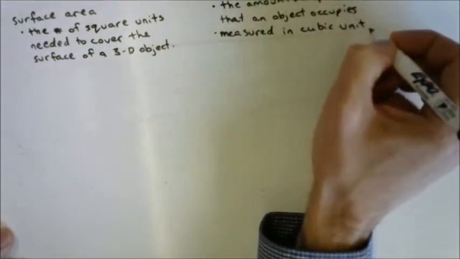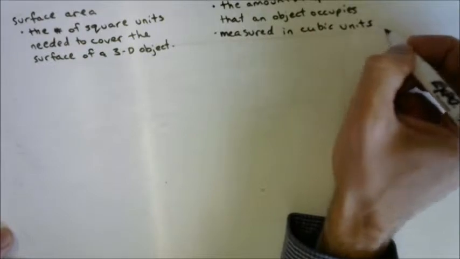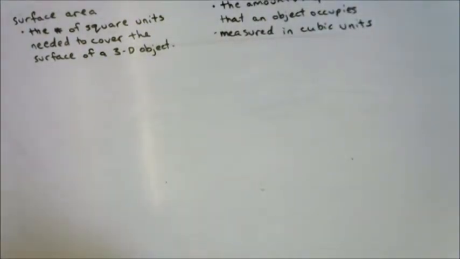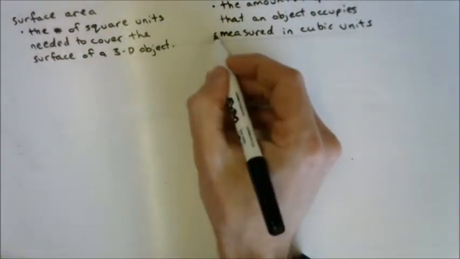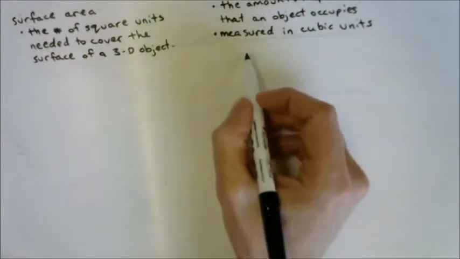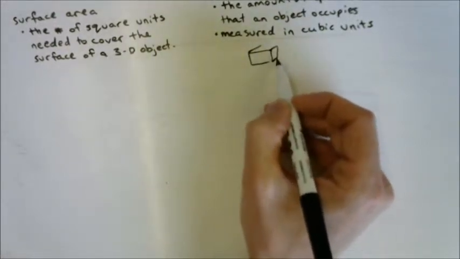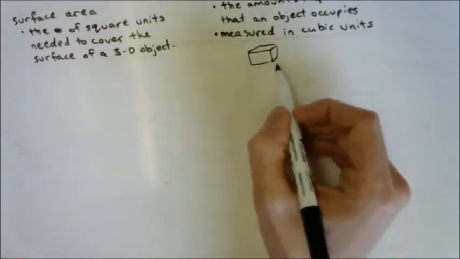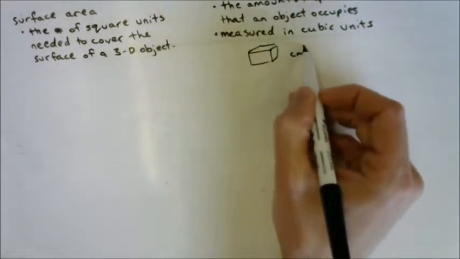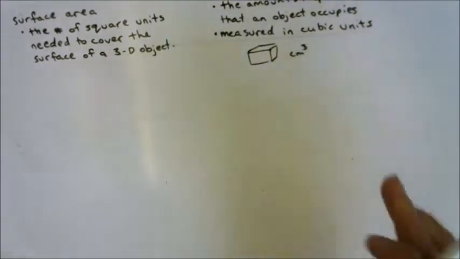So it doesn't matter if you're talking about centimeters or kilometers or miles or any other kind of measurement tool that you want to use. This is going to be measured in cubic units. So with some kind of box, it would be, this is taking up so many cubic centimeters, right?